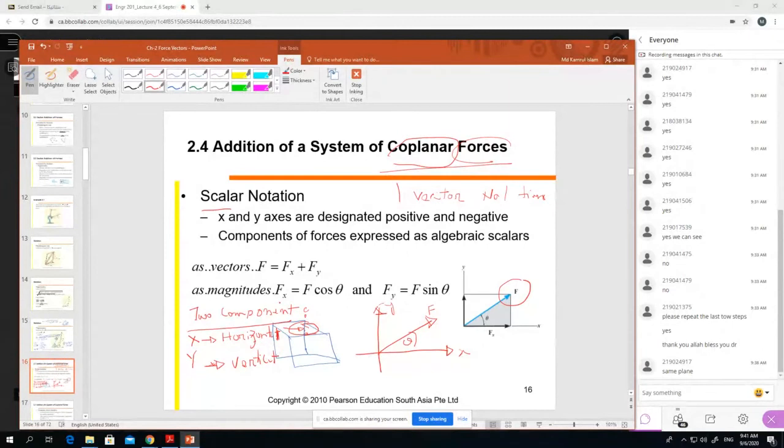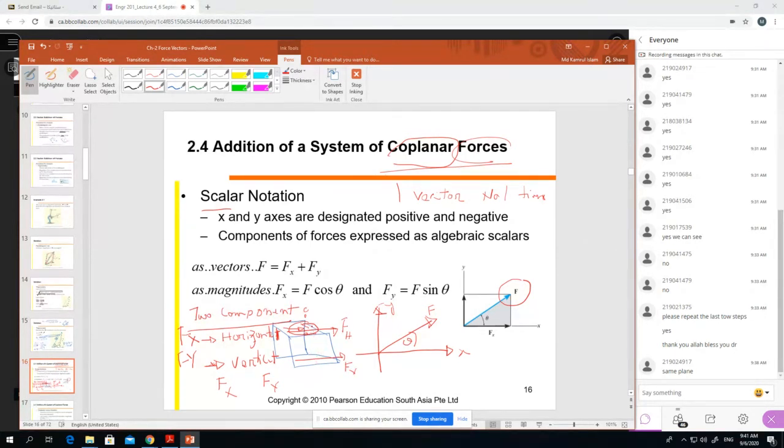One we will say Fx, another Fy. You will write down like this: Fx and Fy. Or sometimes we will write Fh, meaning horizontal component, or Fv, vertical component.